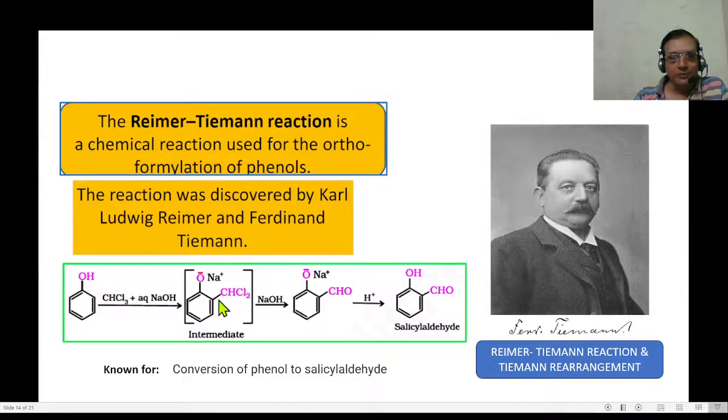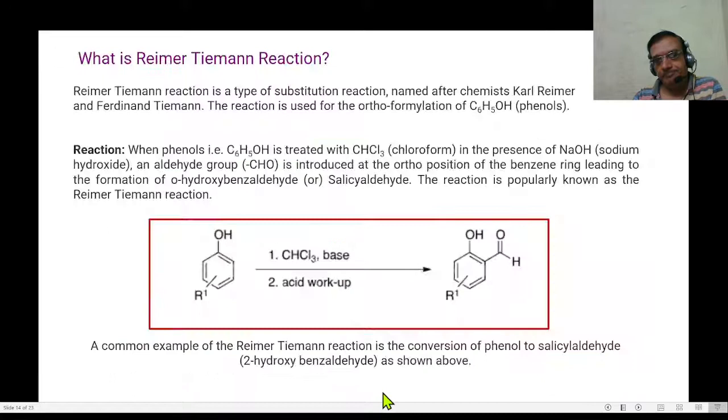Dichlorocarbene substituted phenoxide is called our intermediate. This intermediate upon hydrolysis will result in salicylaldehyde. In this reaction, our phenol is getting formylated at the ortho position, so this reaction is called the orthoformylation reaction.